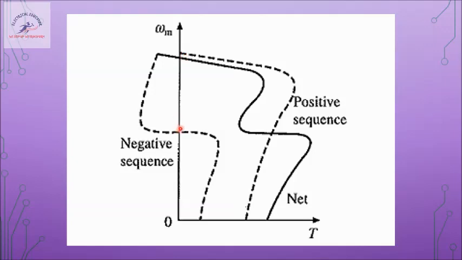And for slip greater than 0.5, we see that both negative sequence and positive sequence torques are positive, and the torques add up. So the dark line shown here is the net torque created because of rotor imbalance.